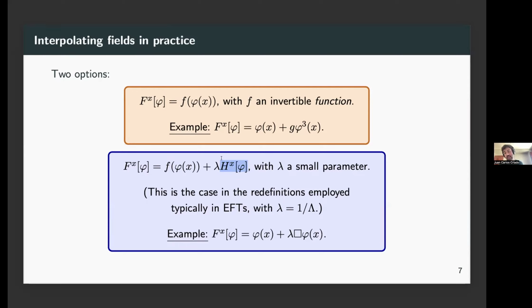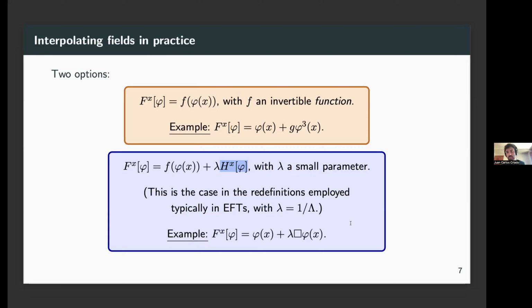Why? Because it's invertible as a power series, right? So as long as lambda is a small parameter and you only do perturbation theory with it, it's not allowed to put lambda in something non-perturbative, then this should also work as an interpolating field.